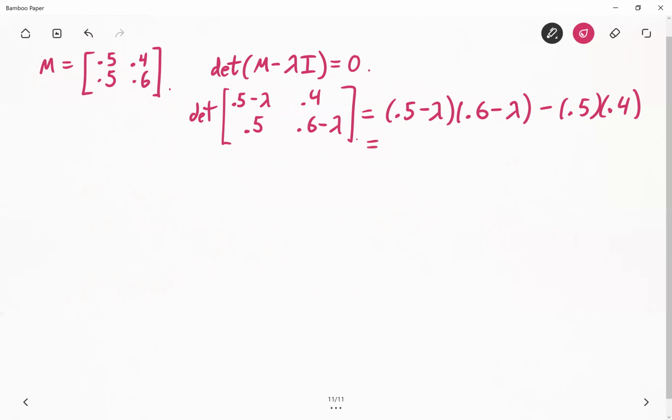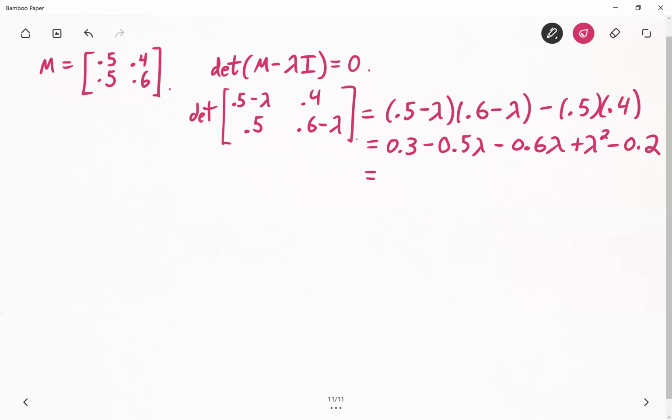Here, 0.5 times 0.6 is going to be 0.3 minus 0.5 lambda minus 0.6 lambda plus lambda squared minus 0.2.